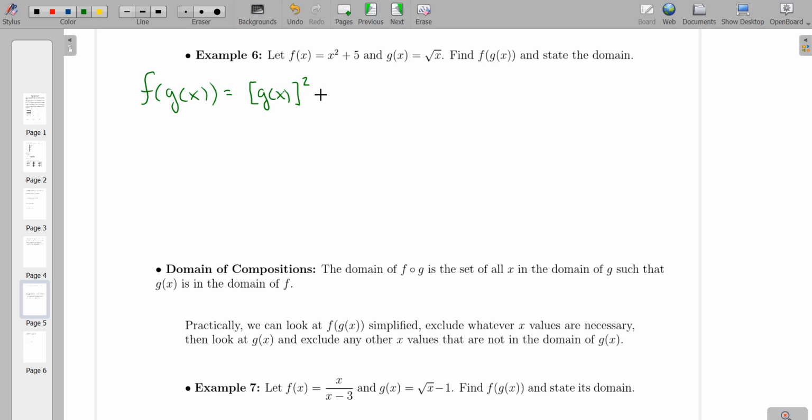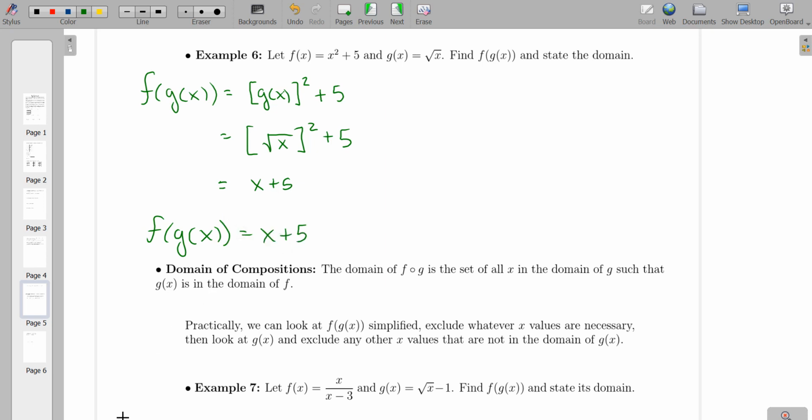And then I have g of x squared plus 5. But then, of course, g of x, we know, is the square root of x. So we end up taking the square root of x squared plus 5. And so that simplifies to x plus 5. So we could say a simplified version of f of g of x is x plus 5.